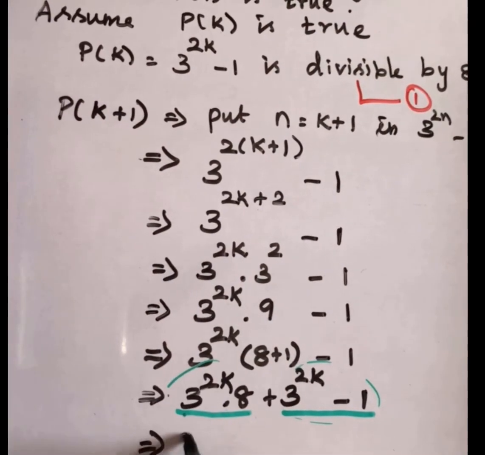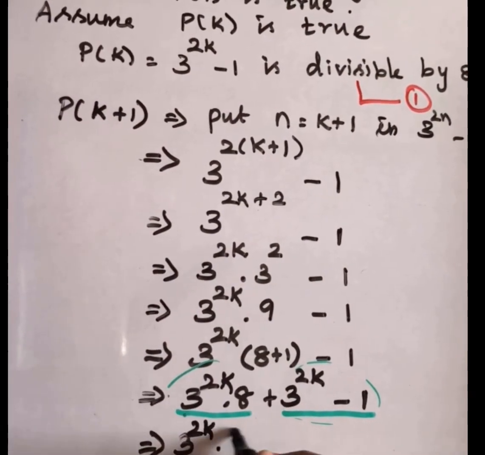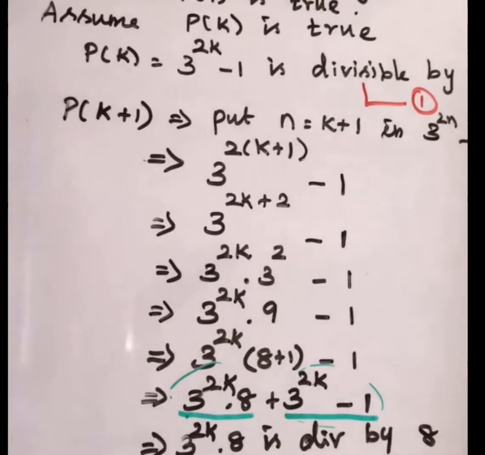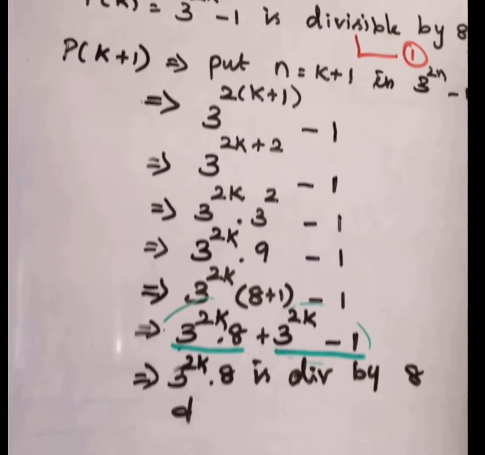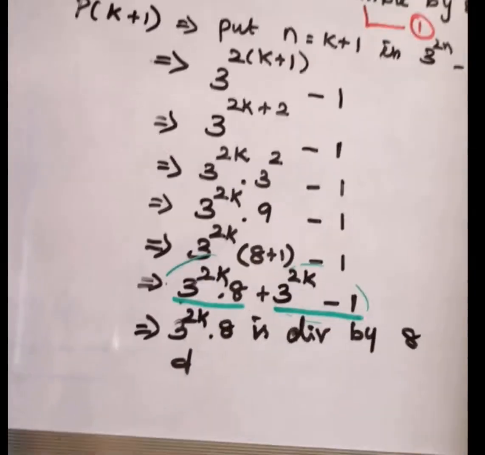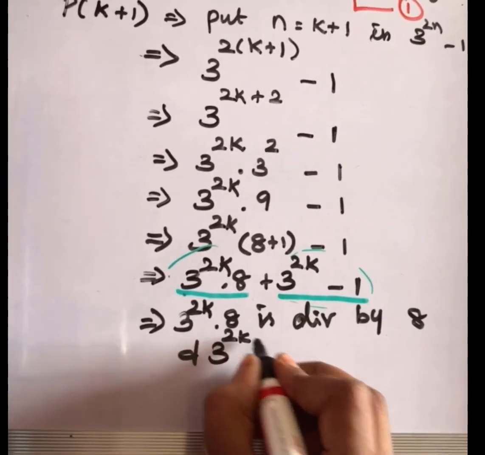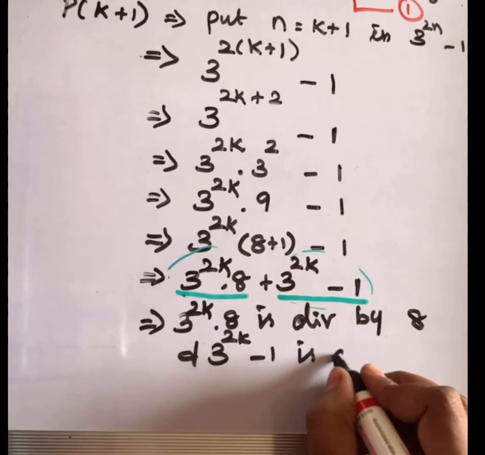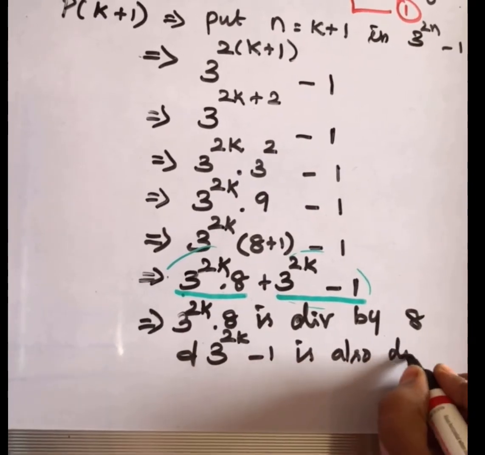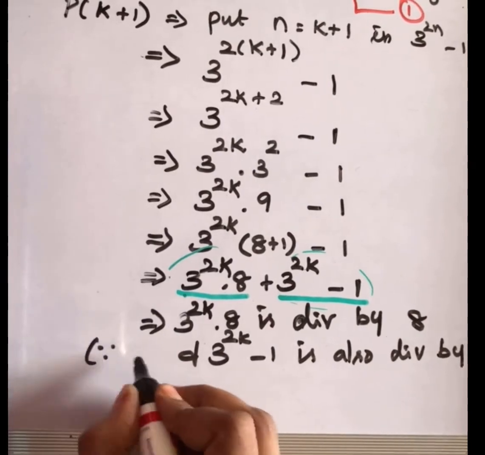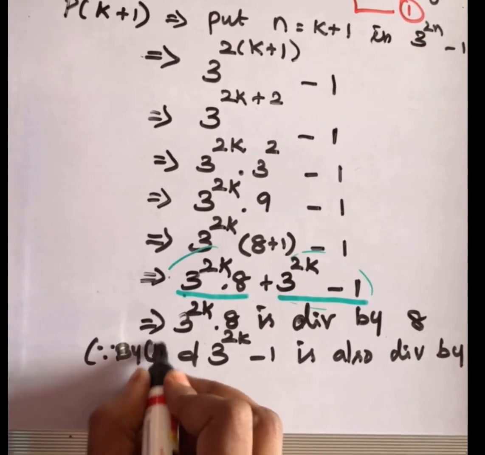This implies 3 power 2k into 8 is divisible by 8, and 3 power 2k minus 1 is also divisible by 8. This is by our equation 1.